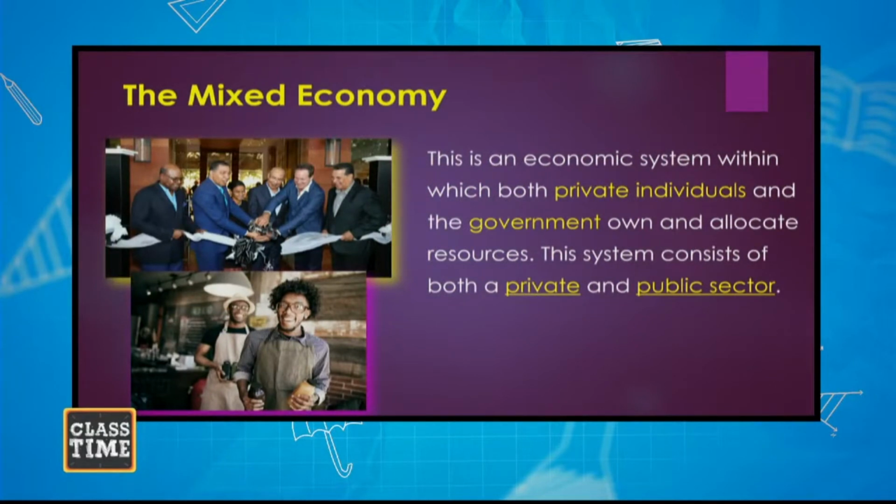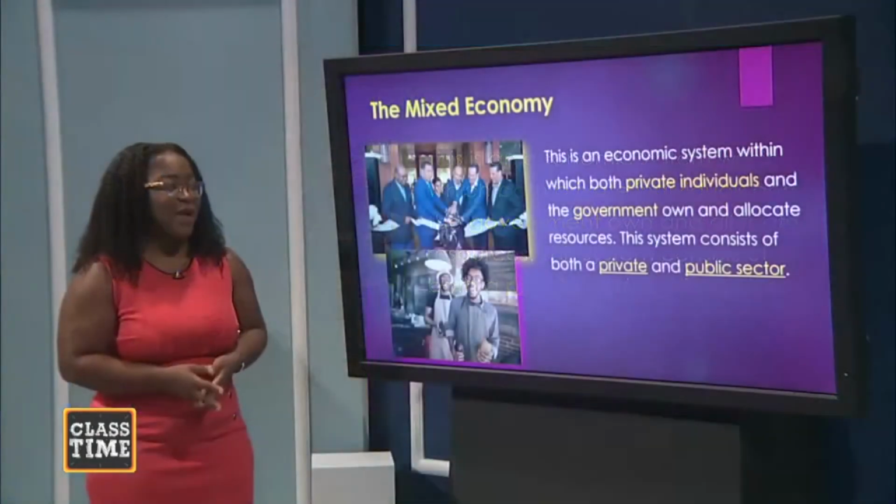So it has a little touch of some of the features of the command economy, and a little touch of some of the features of the free market economy. This economic system has a private and a public sector. It is an economic system within which both private individuals and government own and allocate resources. So we have a little bit of both.